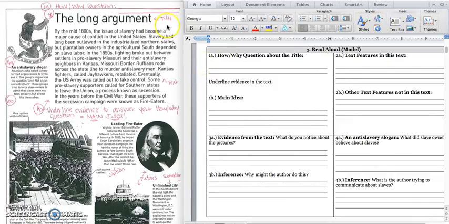So look at your notes. You have an arrow pointing to the title that says The Long Argument. And for 1A, we need to turn that title into a question. And so how the long argument doesn't make sense, why the long argument makes a little more sense.